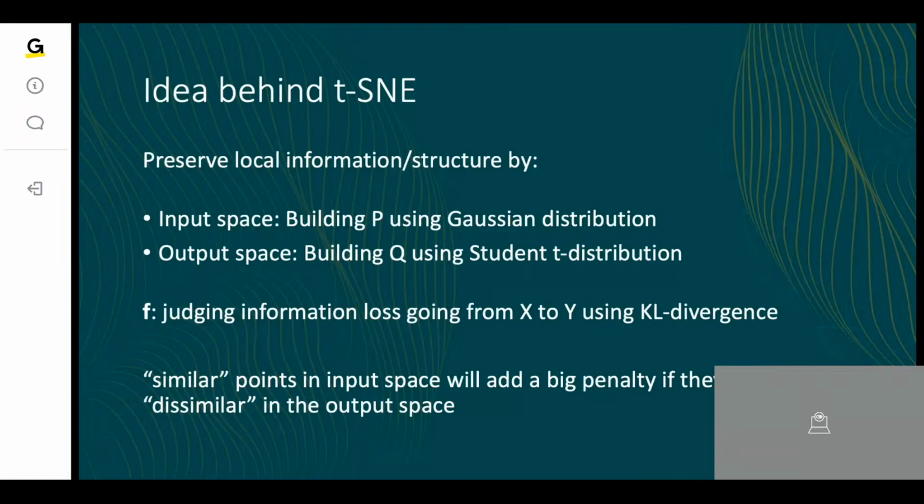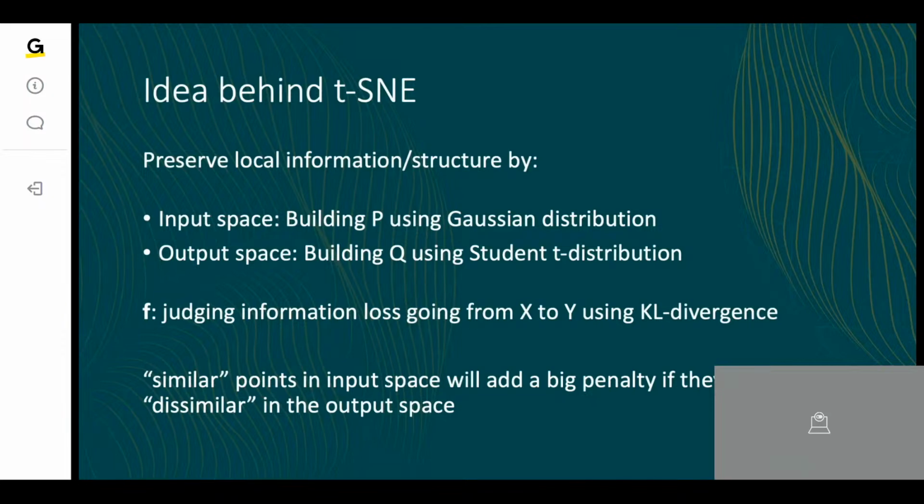Now, the specific choice of the distance measure F between the two matrices P and Q is KL divergence. KL divergence is fundamental to information theory and machine learning as such. For those of you who know about it, you know the importance and the number of places that KL divergence appears.